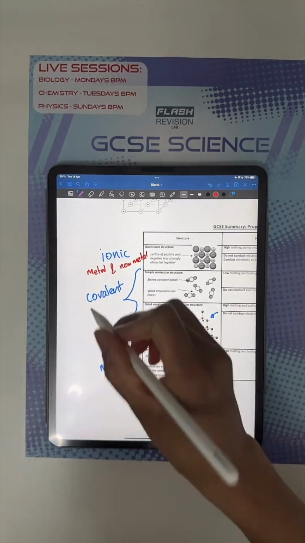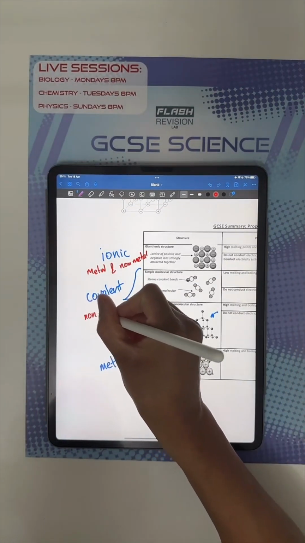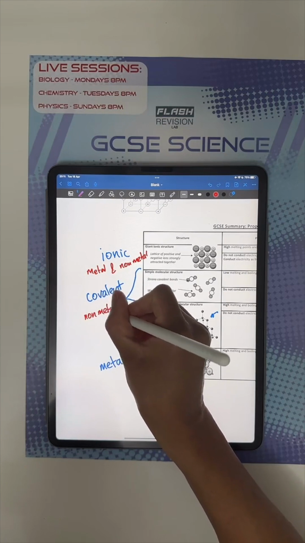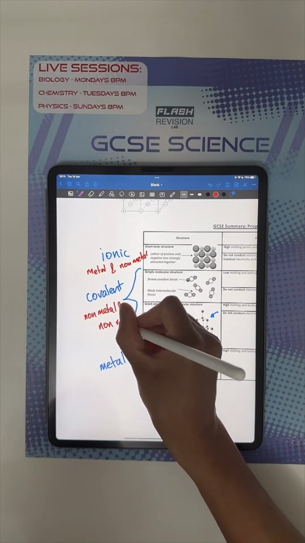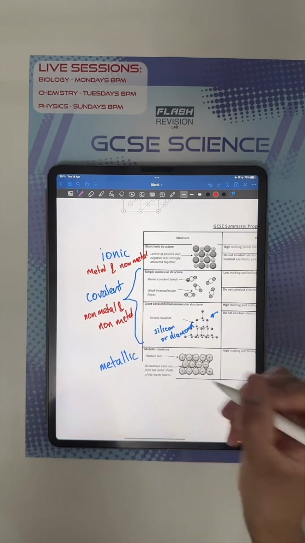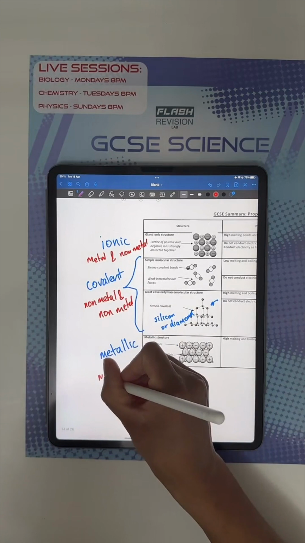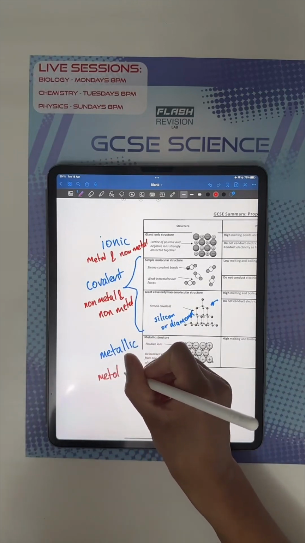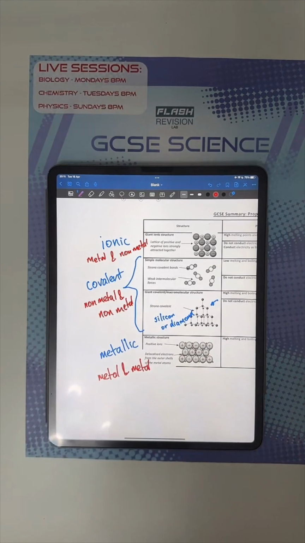So it's not a metal and a non-metal. It's going to be covalent. That is non-metal and non-metal. Then we have metallic. Obviously it's metallic, so it's just going to be metal and metal. So that's how to tell which one's which.